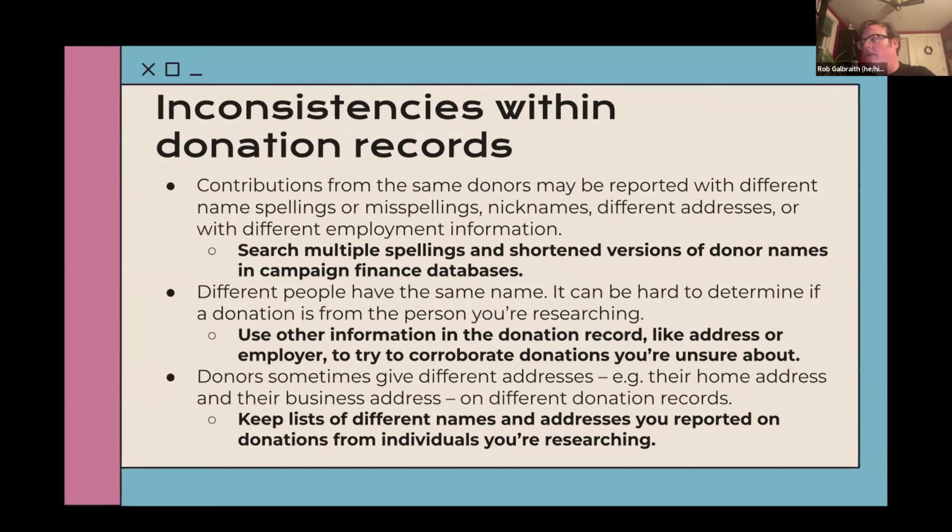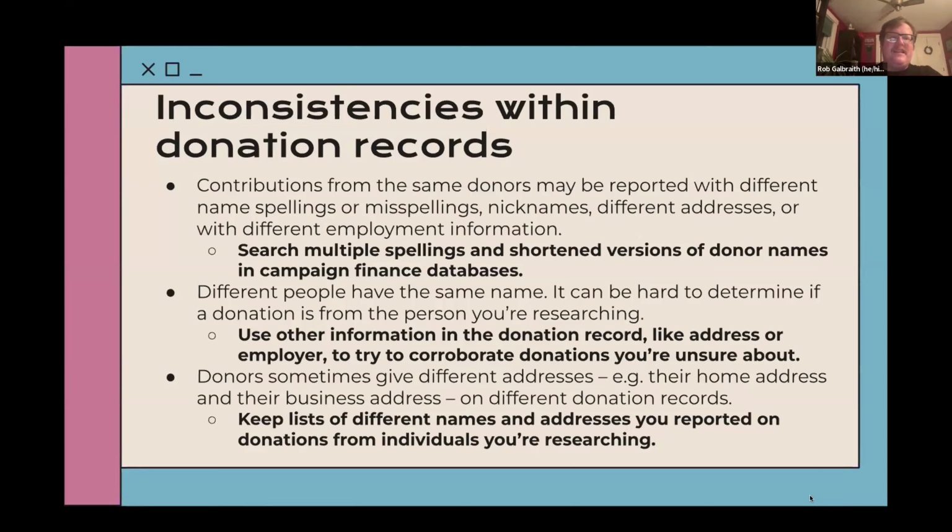And if you are really being a completionist, Pokemon gotta catch them all, for these donations, what you might want to do is see if you can download an entire list of contributions in the period you're looking for and search those addresses as well, just to catch any other name variations that you may not have thought to search for.